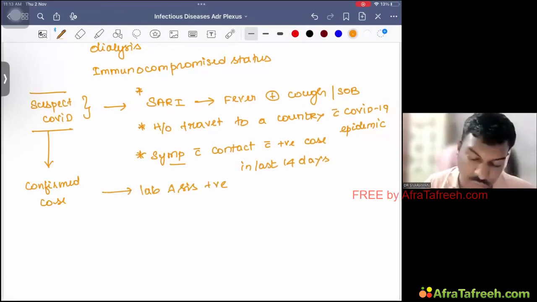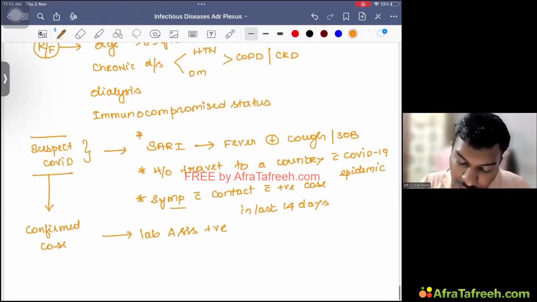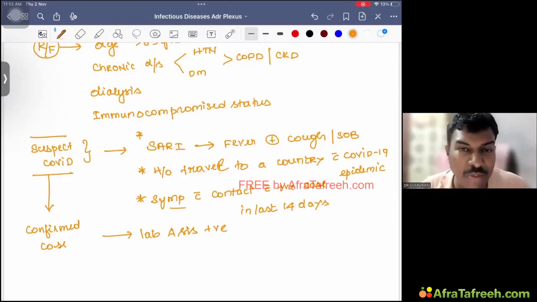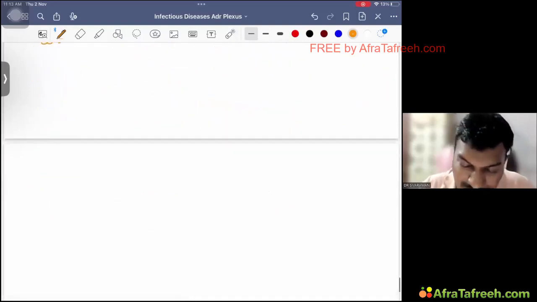So a patient coming with SARI, with a history of travel to a country with COVID-19 epidemic, and in contact with a positive case in the last 14 days, is considered a suspected case of COVID, and becomes a confirmed case once the laboratory investigation is confirmatory.